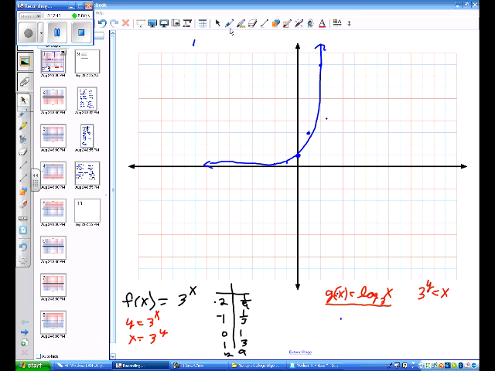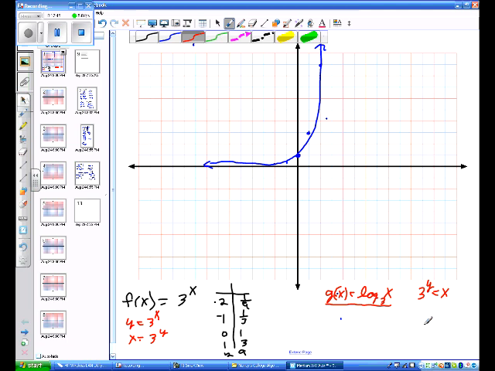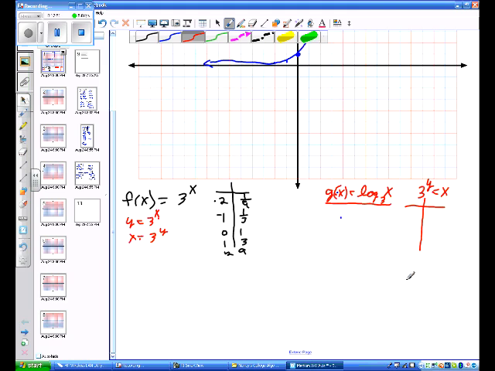Now, to graph this, it's a little bit different. We're used to picking our x's, substituting in and finding our y's. What we're going to do instead is pick our y's, because those are the problems that we can actually do.